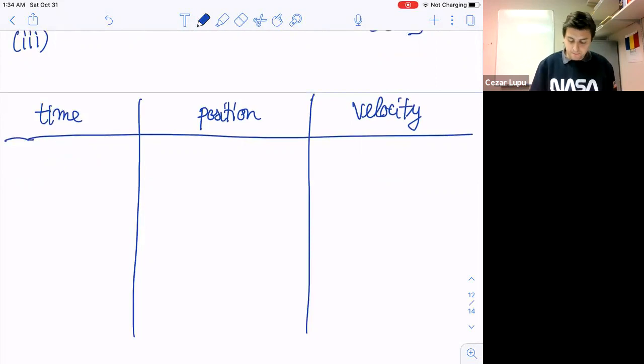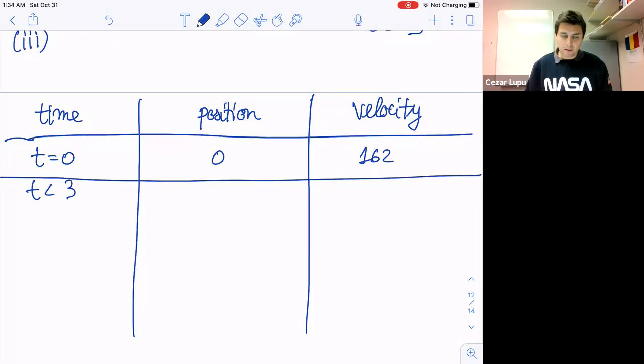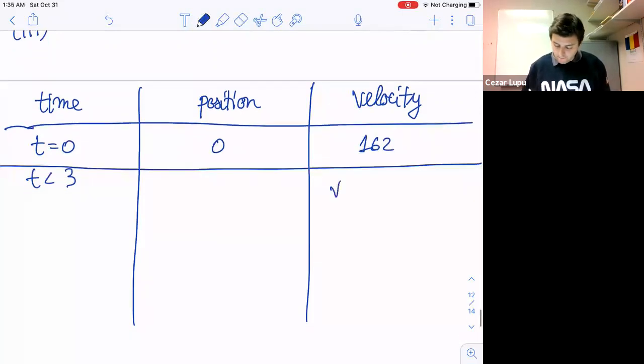And now let's see. When t equals 0, the position will be 0, and the velocity was 162. We have computed this. When t is less than 3, we don't have anything here, and v of t was positive, so the object was advancing.